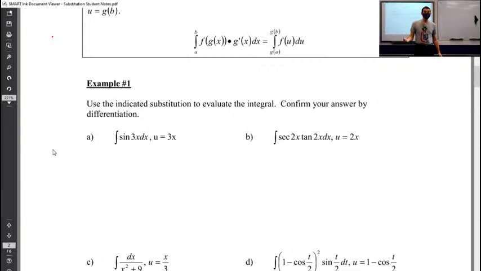Then the derivative of that, we're going to call du, the derivative of u, is going to help us not have to think about going times derivative of the inside part, because then we will have talked about derivative of the inside part. So we'll start with a couple problems where I'm telling you what u is, and then we will talk about figuring out u.